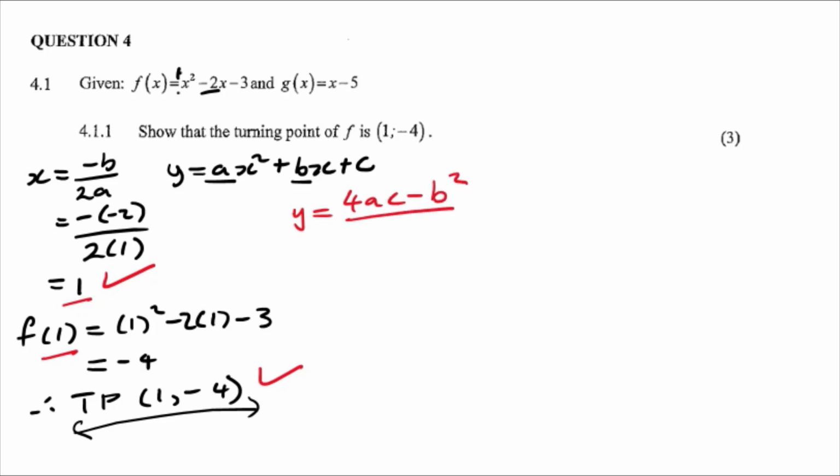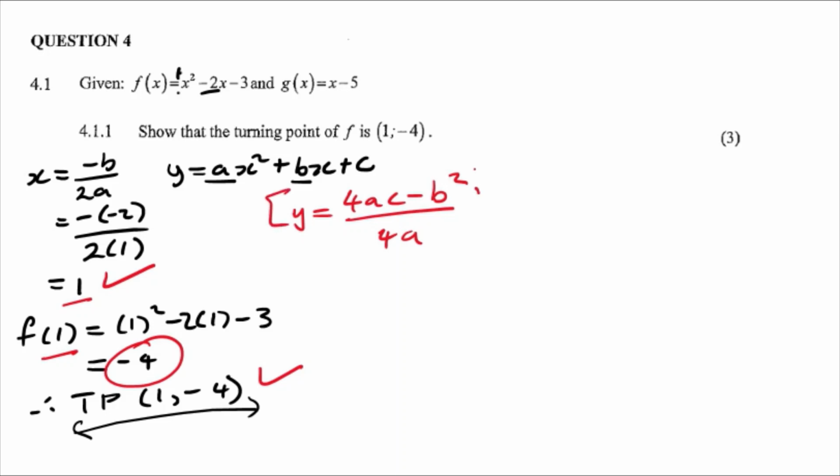Remember, that is the equation of the turning point in its fullest, because the x value is minus b over 2a, and then the y value is found like that. So if you simply substitute into the equation, you are not showing that this is the y value, you're just finding any y value. So for you to show that this is the y value of the turning point, you need to also substitute into this equation here.